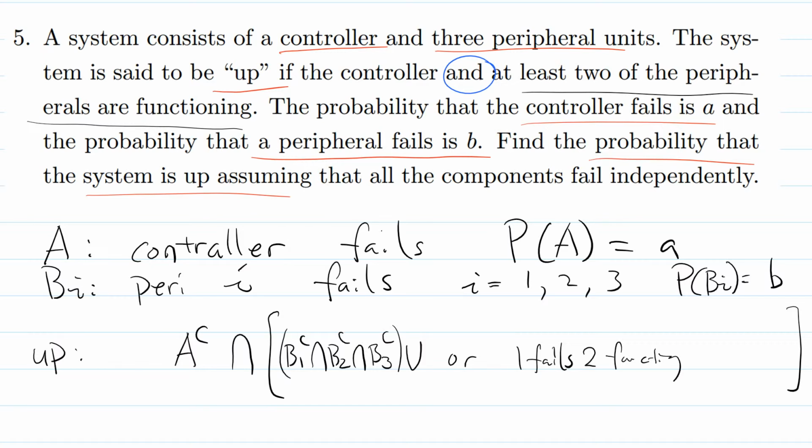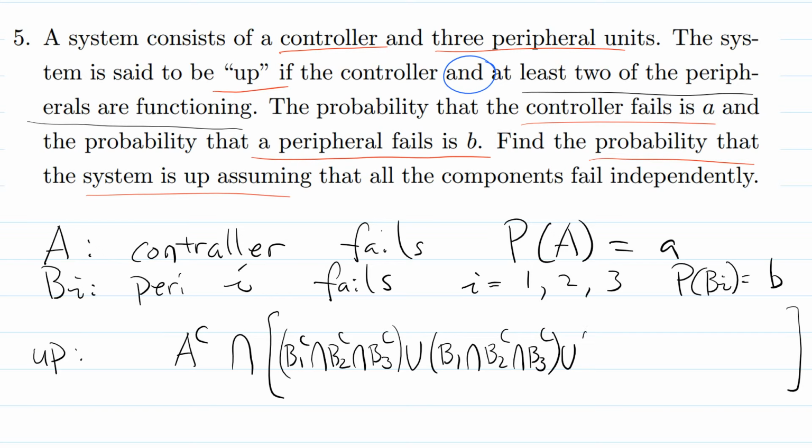Inside this second kind of situation, one fails and two are functioning. This can be divided into three situations, depending on whether peripheral 1, 2, or 3 is the one that fails. The first situation is peripheral 1 fails and the other two are functioning, so that is B1 intersection B2 complement intersection B3 complement.